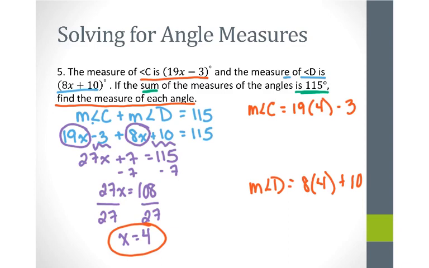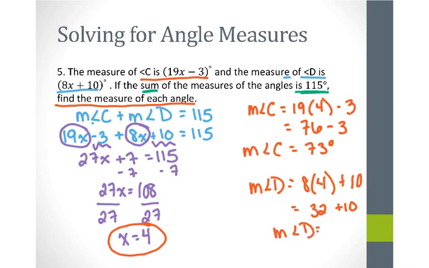Okay, so solving these, 19 times 4 is 76 minus 3. So the measure of angle C is going to be 73 degrees. Doing the same thing for angle D, 8 times 4 is 32, 32 plus 10. That means the measure of angle D is equal to 42.